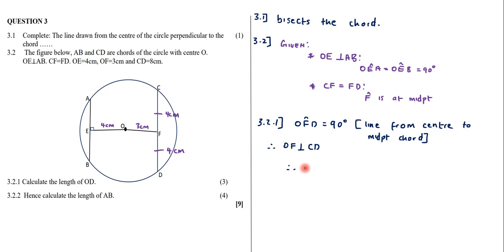Now because of that, this means in triangle OFD, if we make that a triangle, then OD squared will be equal to OF squared plus FD squared, right? Now OD squared will be equal to, the value for OF is 3 squared plus FD, which is 4 squared.